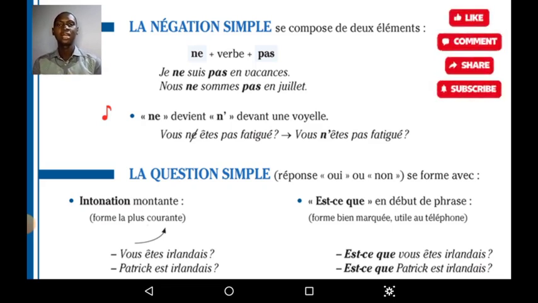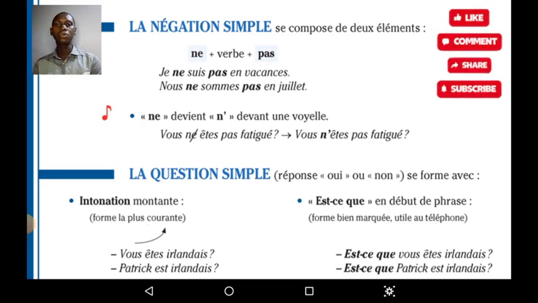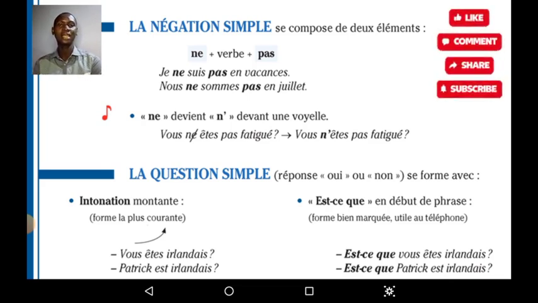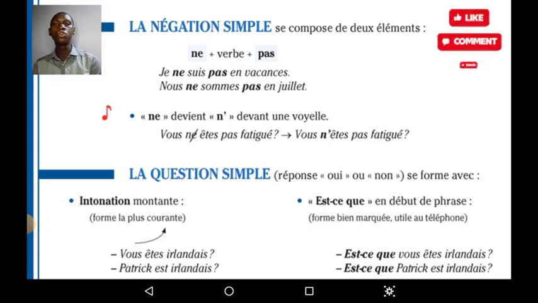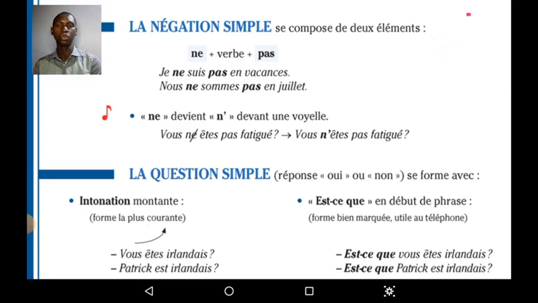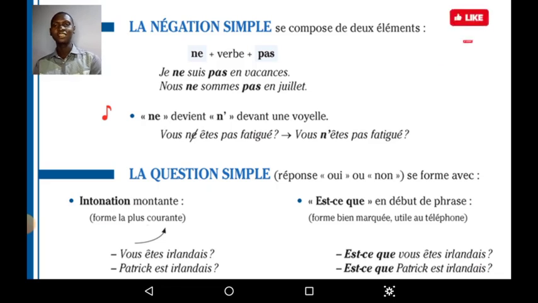The same thing is applicable here with the ne in the negation. When you see vous n'êtes pas fatigué, that is, are you not tired? We are supposed to have vous ne êtes pas fatigué. But in French, the E in that ne will go. So we have vous n'êtes pas fatigué, that's the example you have there.